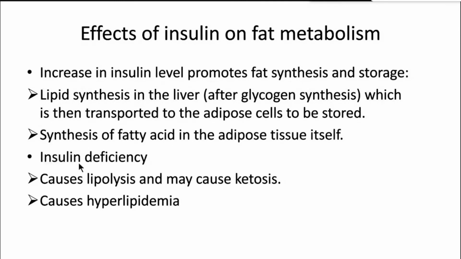One important correlation here will be in insulin deficiency. There will be excessive lipolysis and that will cause ketosis. When there is low insulin level or absence of insulin, there will be genesis of keto acids, mainly in the liver. In the absence of insulin, there will be increased availability of fatty acids.